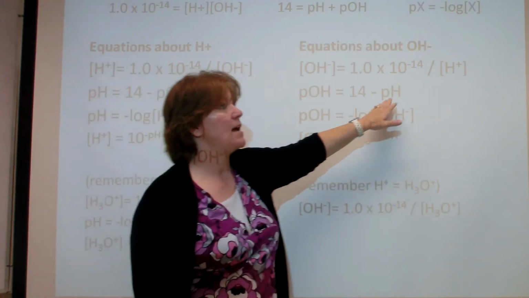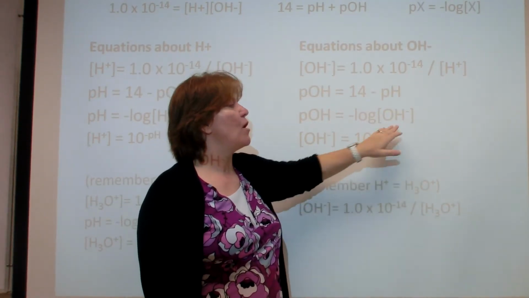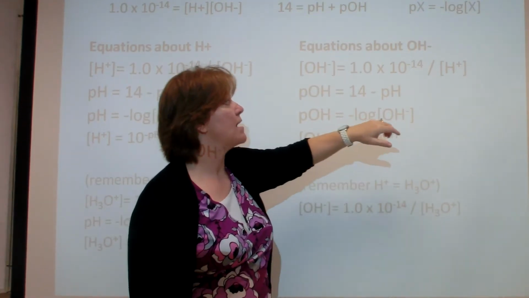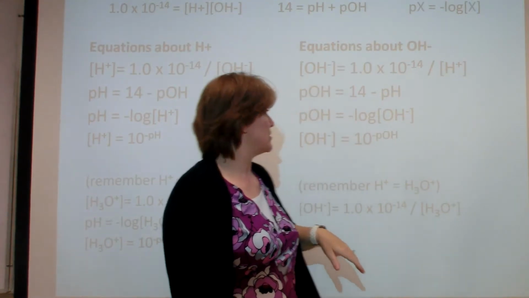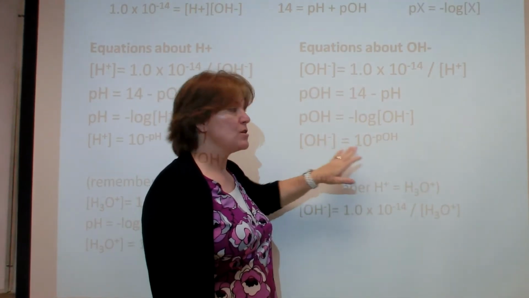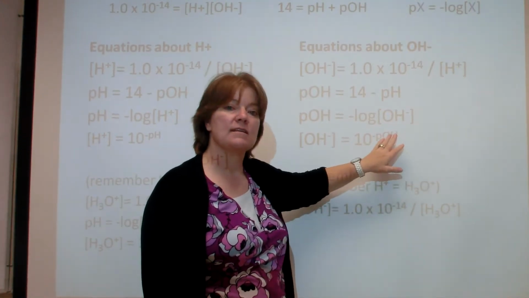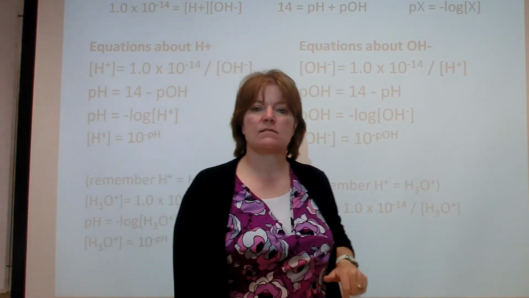If I know the pH, I can find the pOH. If I don't know the pH, but I know the OH minus concentration, I can find the pOH. If I know the H plus concentration, I can find the OH minus concentration. But if I know the pOH and I want the OH minus concentration, I take 10 and raise it to the negative pOH power, and that will get me the OH minus concentration.